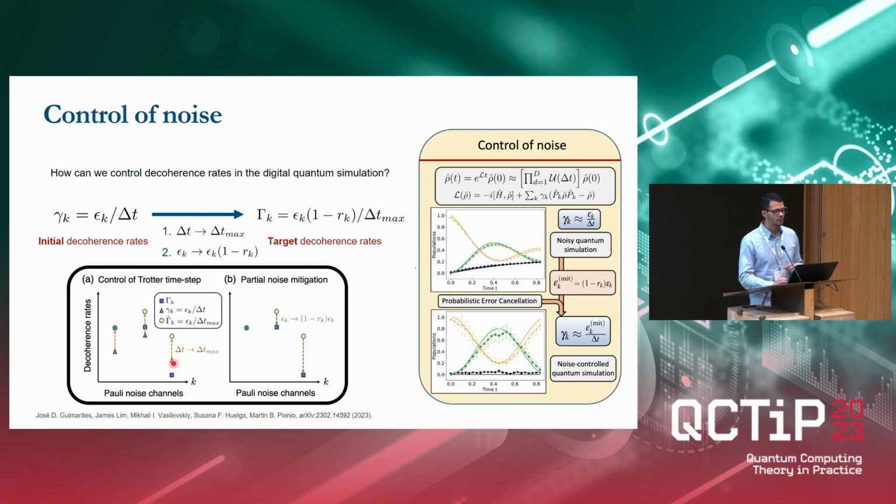In the second step, we use a partial noise mitigation technique that allows us to selectively reduce the error probability of each Pauli channel, such that in the end we have the target decoherence rates given by this formula over here.